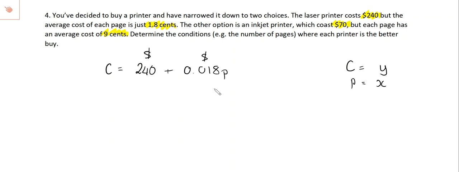A couple of people rounded this. What's the consequences of rounding? Well, in this case, it does lower the degree of accuracy and just makes it plain wrong. Yeah. If you go into a shop and they say, "Oh, it's 1.8 cents a page," and you go, "Oh, I'll give you 1 cent a page," they're going to go, "No."